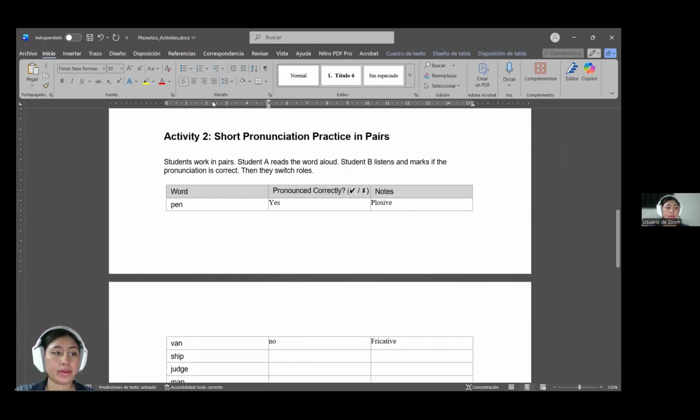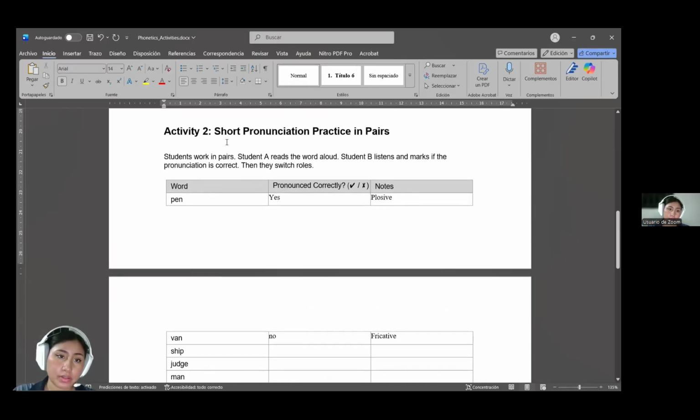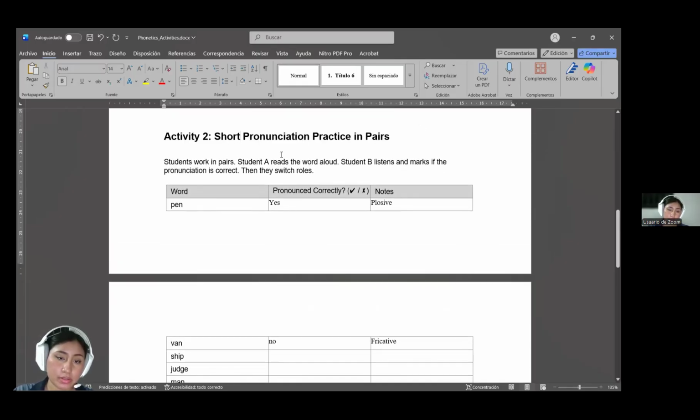Now, let's move on to our second and last activity, which is about short pronunciation practice in pairs. You are going to work in pairs, and one of you is going to read the word loud and the other student is going to listen and mark if your partner's pronunciation is correct.